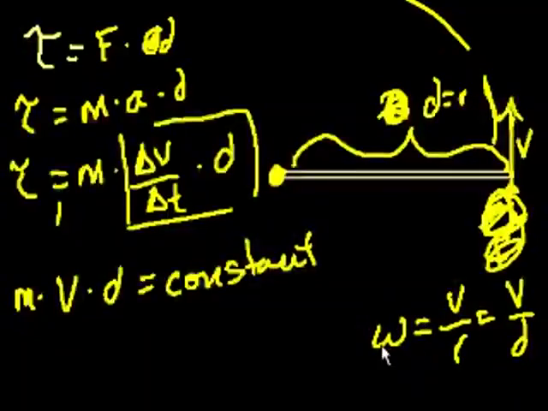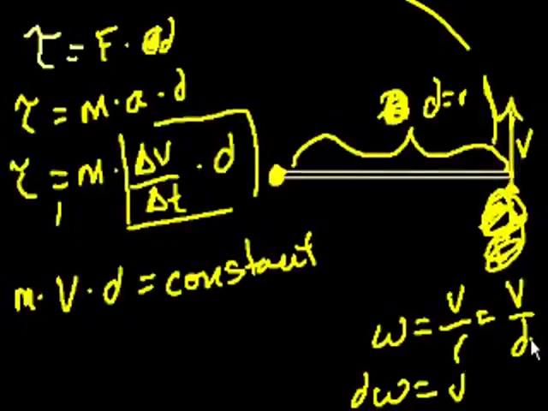But let's see if we can change this expression to include angular velocity. And you'll see where I'm going in a second. So let's solve for v. Let's multiply both sides of this times d. So you get dw is equal to v. I just took this d and put it on this side. So let's write that here.